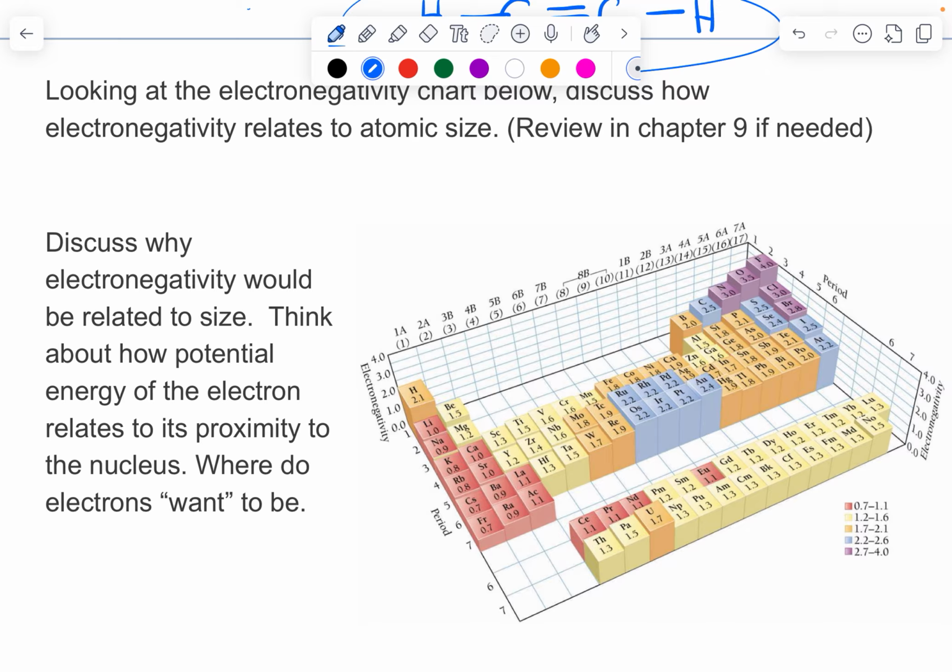What we did talk about at the end of Chem 1 was ionization energy, which if you remember, was the energy to remove an electron. This is kind of the opposite of that. This is the ability to attract an electron.